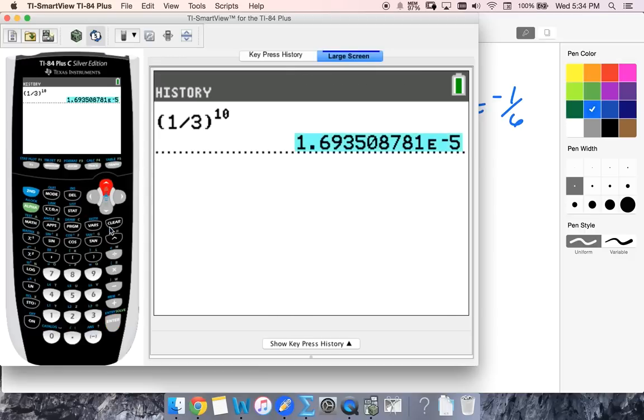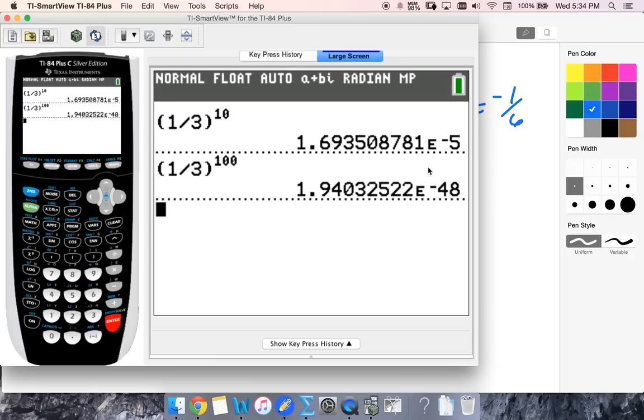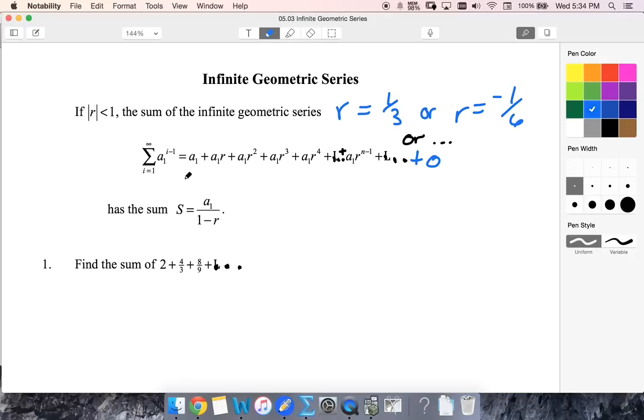If I go even further, let's say we raise it to the 100th power, 1.9 times 10 to the negative 48. So I'm essentially adding 0. So my infinite sum will have a value. And this value is going to be this formula.